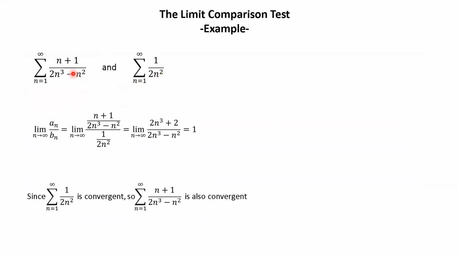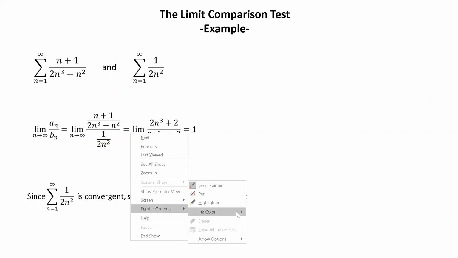So over here I have these two series, and then I'm going to take the ratio between this one and this one, and then take the limit as n tends to infinity. Okay, here there's a typo.